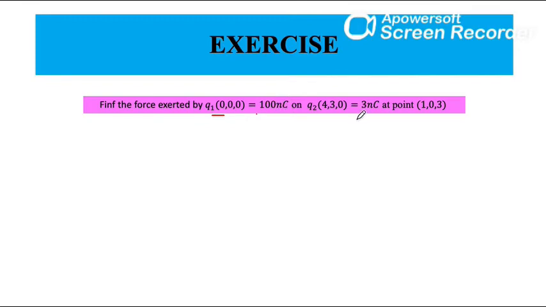Find the force exerted by Q1 on the Q2 charge, which is placed at 4 3 0, and its magnitude is 3 nano coulombs. You can verify that the answer is approximately 86.4 x hat plus 64.8 y hat nanonewtons. It is a very small value because the charge magnitudes are very small and the distance between the two charges is quite large.